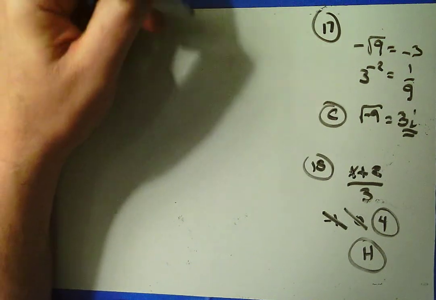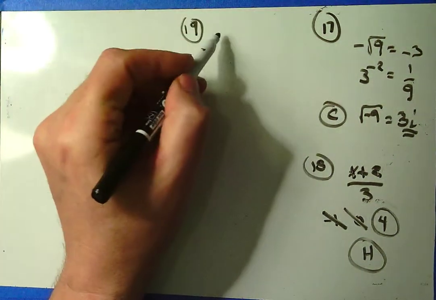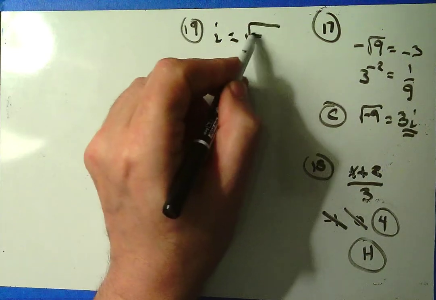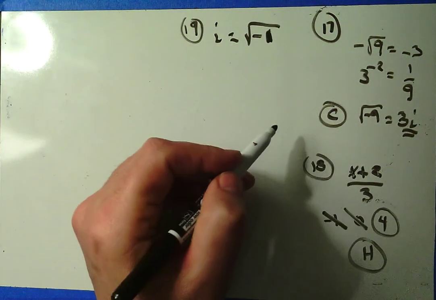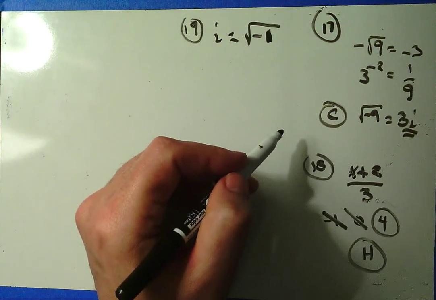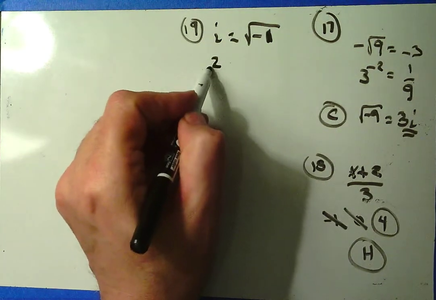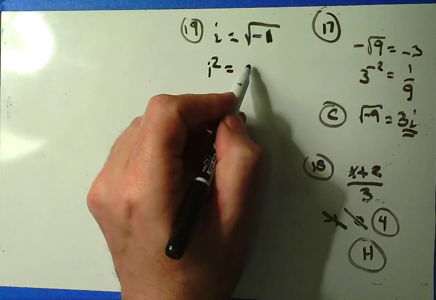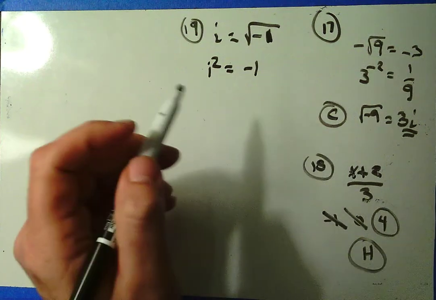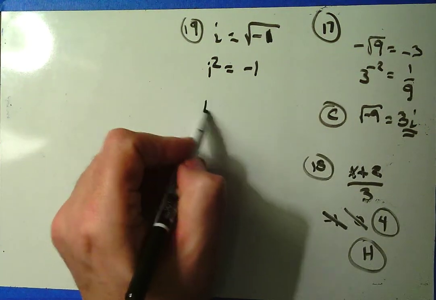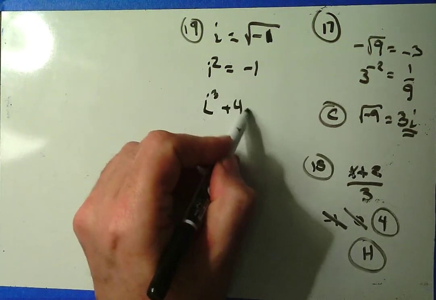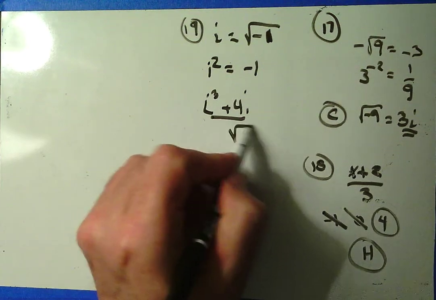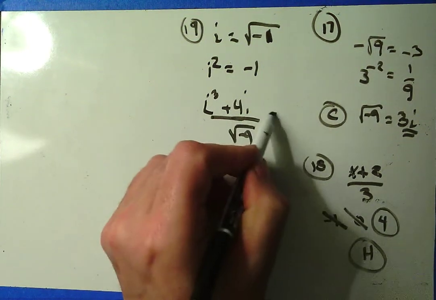19. We know that the definition of i is the square root of negative 1. And we know, therefore, that i squared is negative 1. Then they ask us i to the third plus 4i over square root of negative 9.